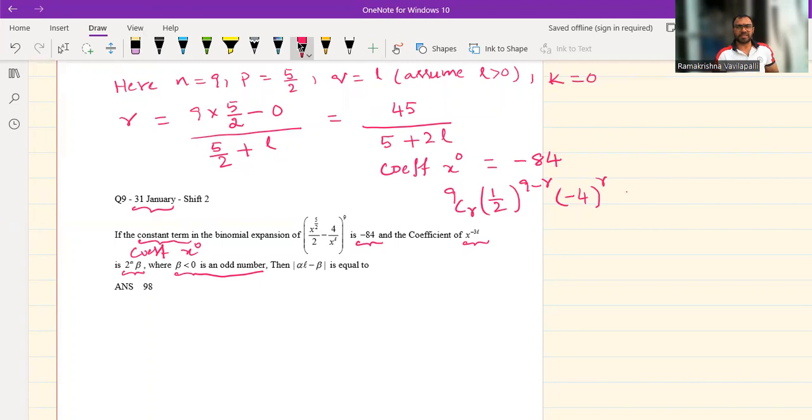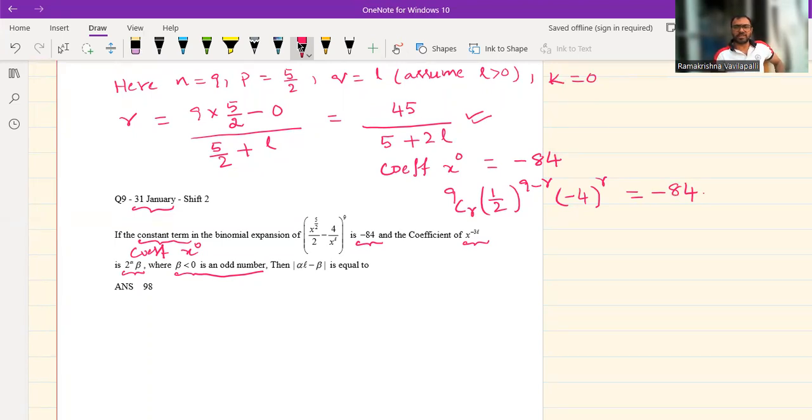Given that this is equal to minus 84 for this particular value of R, we need to find out for which value of L this R is possible. In fact, we can substitute L equal to 1, 2, 3, 4, 5, 6, and so on, but it takes little time. So let us find out what is the value of R if possible.